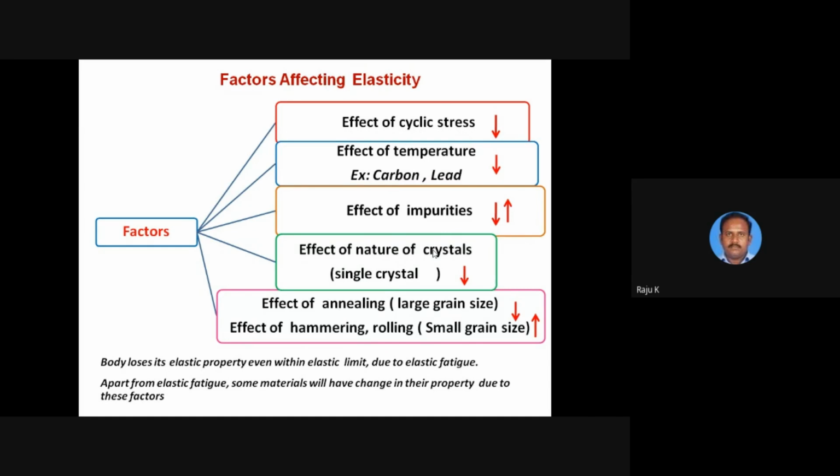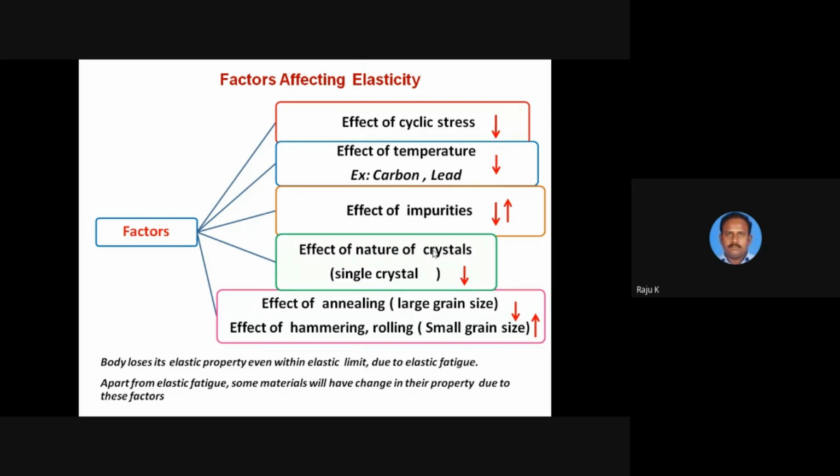If it is done 2 or 3 times, okay, no problem. It will regain its original size and shape and have the elastic nature as it is. If the train is made to run over the rail frequently, for 100 times or 1000 times or 10,000 times, what happens then?